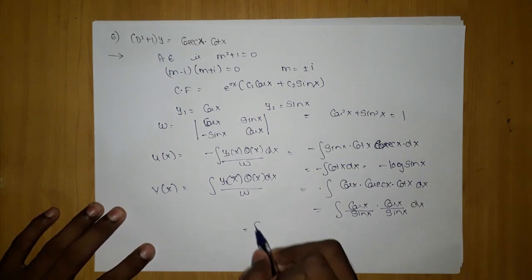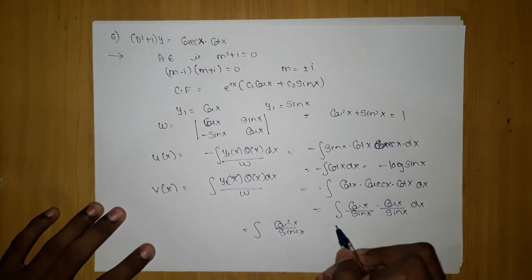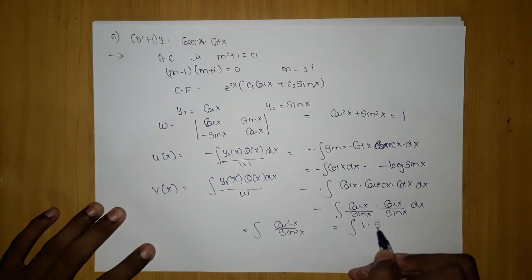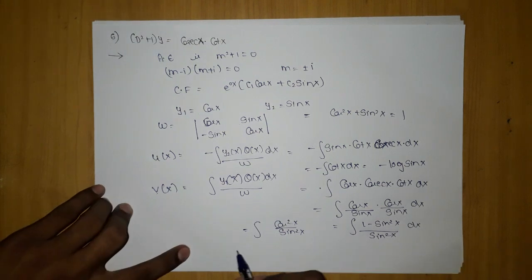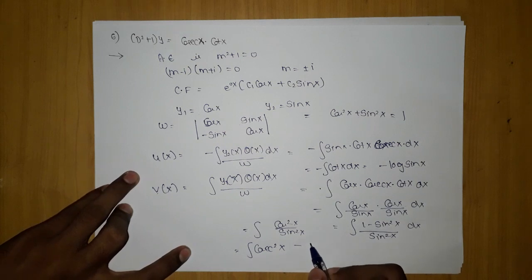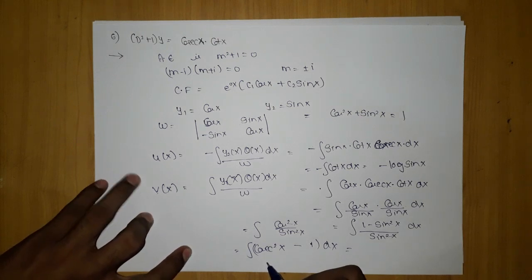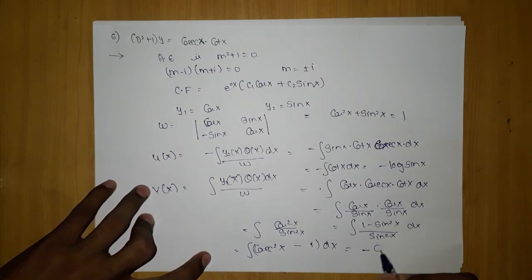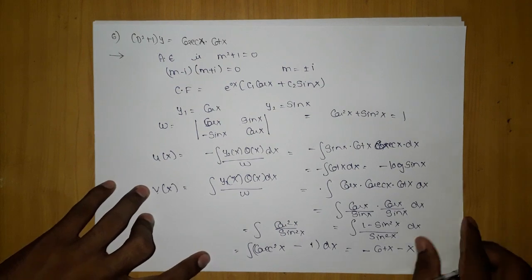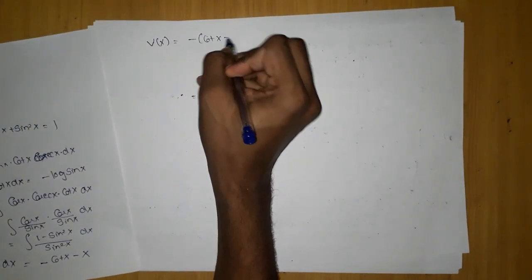What we get is cos square x by sin square x, agree? So we are left with the integral of (1 minus sin square x) by sin square x, which gives the integral of (cosec square x minus 1) dx. If I integrate, the integral of cosec square x is minus cot x, and the other is minus x. So we are left with v of x, which is nothing but minus cot x minus x.